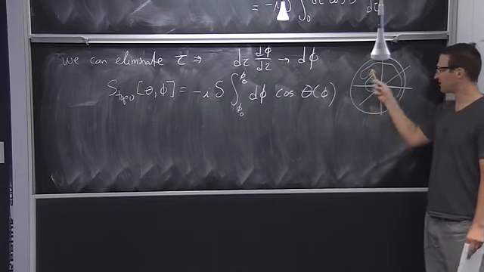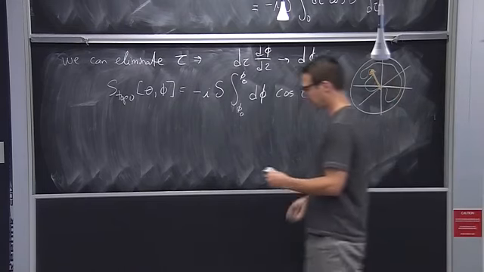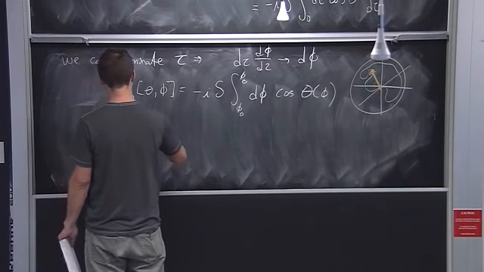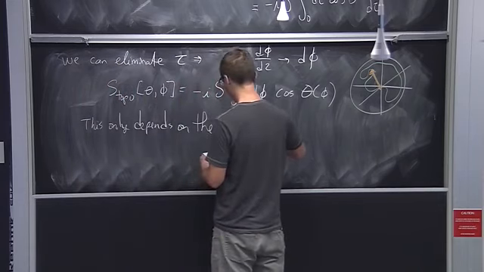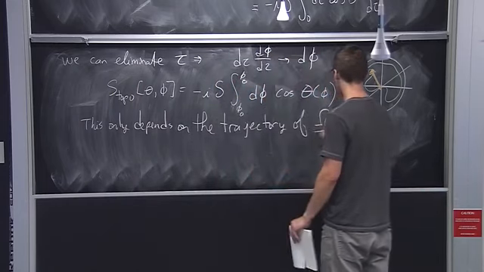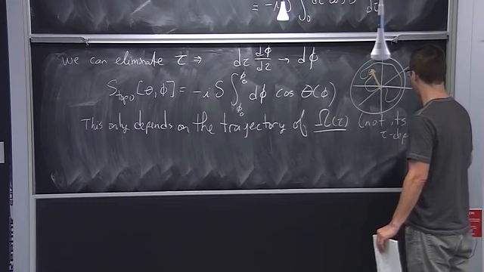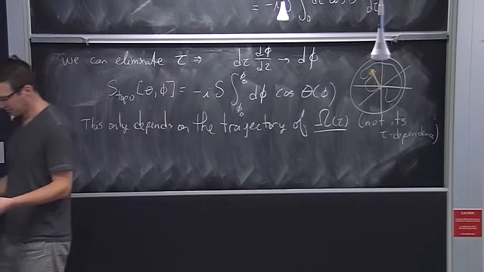And this Berry phase only depends on the geometry of that path, not the speed at which you trace that out. So its tau dependence doesn't come into the picture.